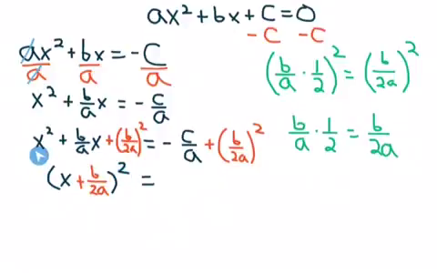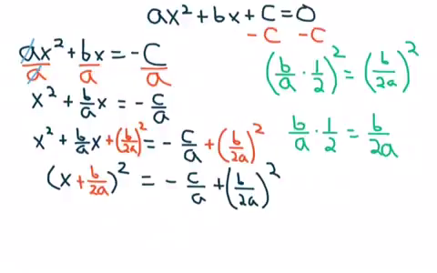Now what we have done, I just want to clarify, when you have a perfect square trinomial, when you go from this step to this step, this is factoring. Okay, we're just using a nice trick to make it a lot easier to go from this step to that step. Now look, we have our equal sign. We bring our equal sign straight down, and then we have negative c over a, and then our plus b, I'll do my parentheses, over 2a, and then all of that squared.